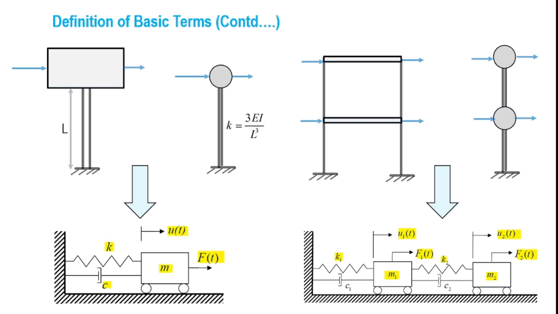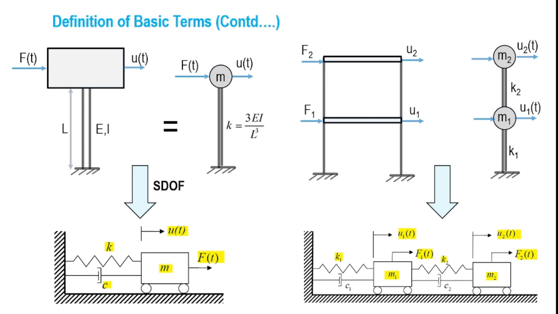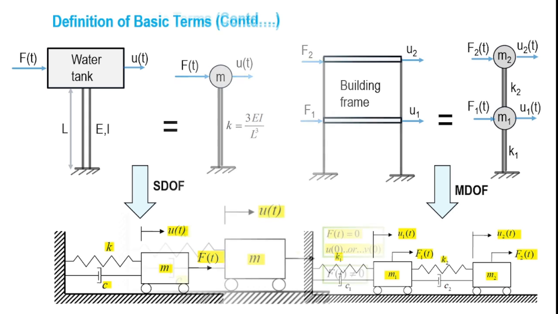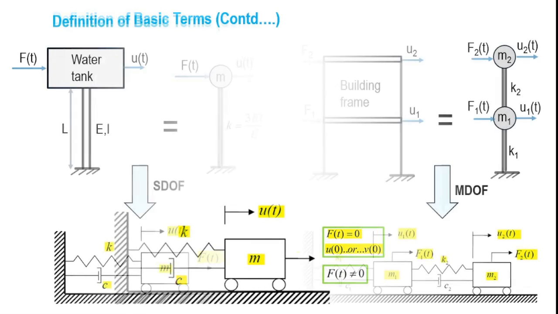Now, in order to demonstrate some practical examples of a single degree of freedom system as well as a multi degree of freedom system, MDOF, I have provided you two sample cases, and I assume that these two sample cases must be good enough to get the basic concepts of SDOF as well as MDOF.